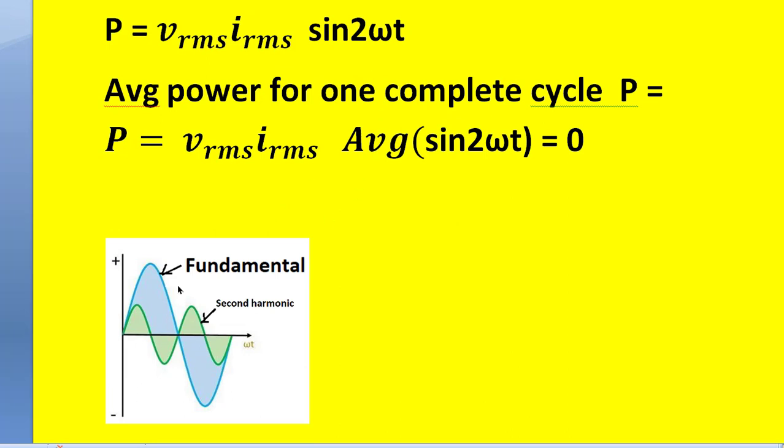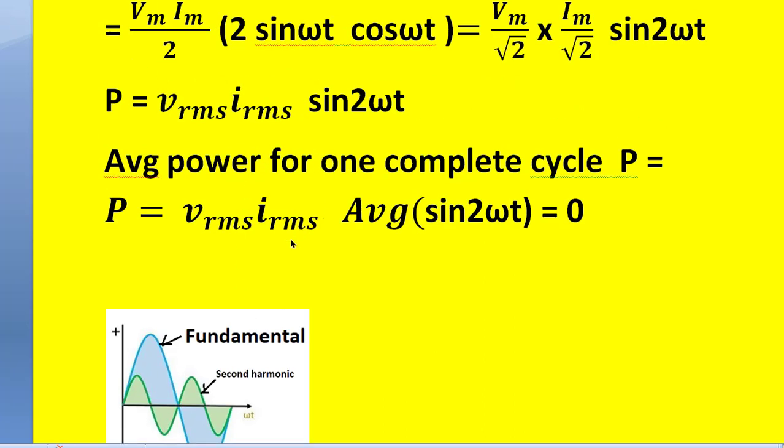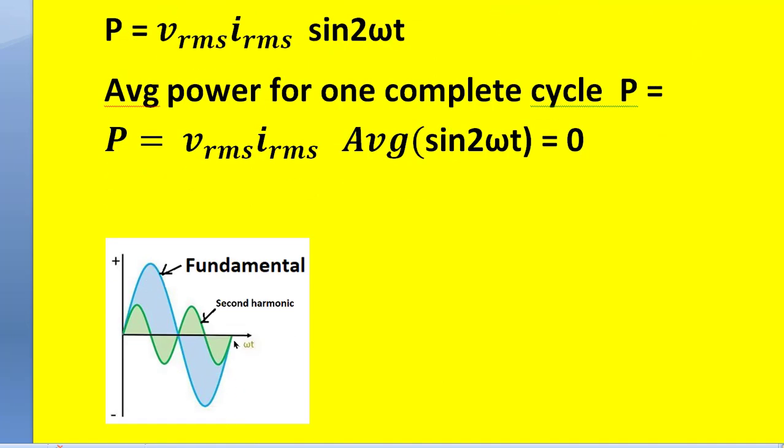So the supply frequency shown by the bigger waveform, that is fundamental, whereas this power in the inductor shows the waveform like this, and its frequency is double that of the fundamental. That means this power waveform makes 2 revolutions in 1 second, whereas the fundamental completes only 1 cycle in 1 second.